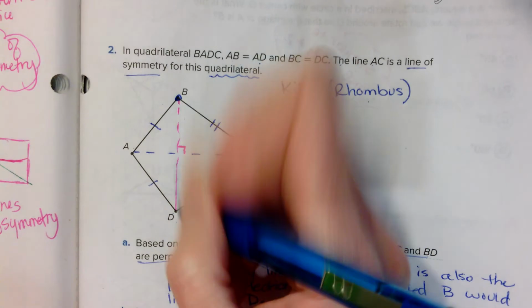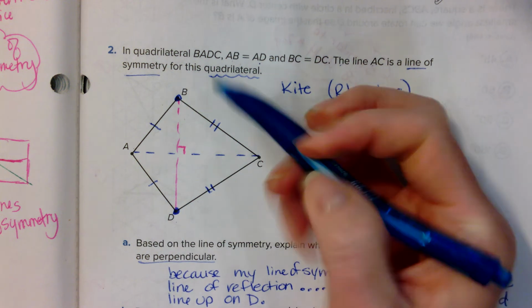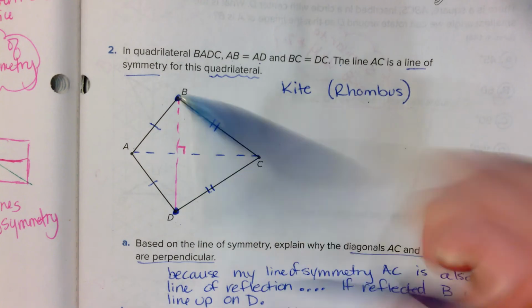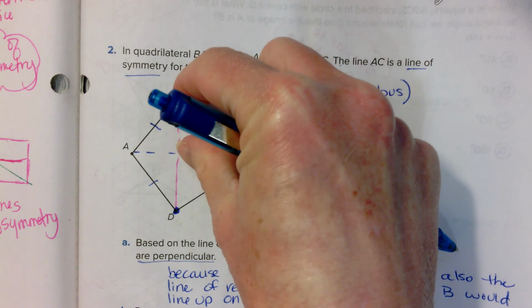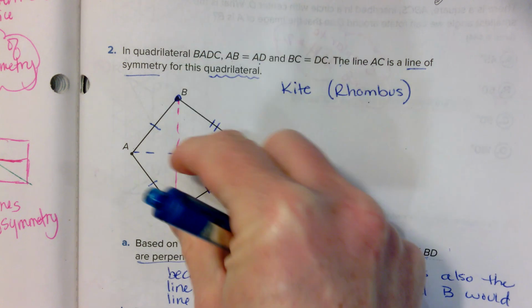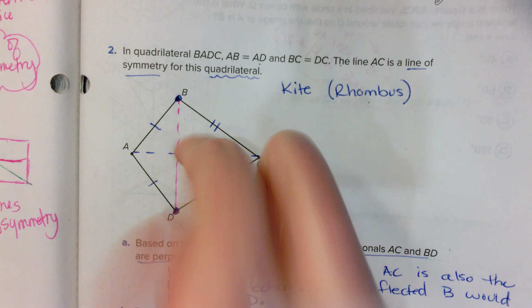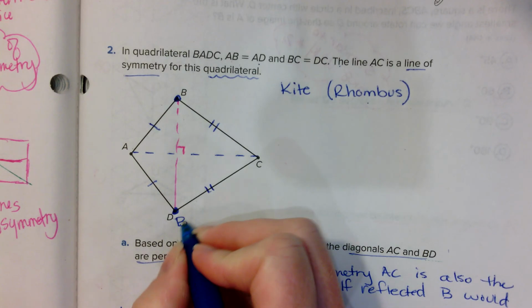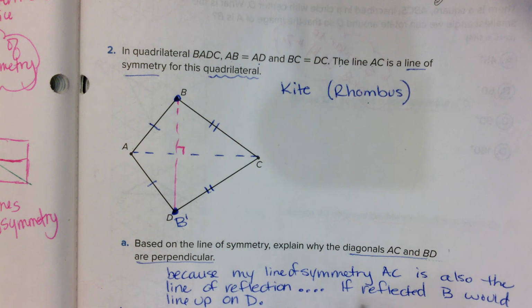Remember, my reflections, when we were constructing them last week, we always constructed the perpendicular line through our point, and then we measured the distance that it was to my line of reflection, and we marked that distance on the other side, and that's where I would reflect it. This would be like my B prime, if you will, last week. So if reflected, B would line up with D.